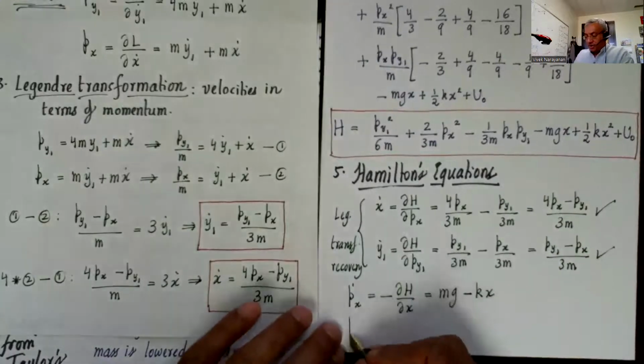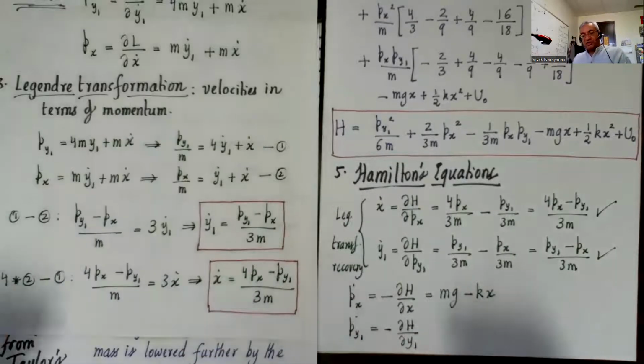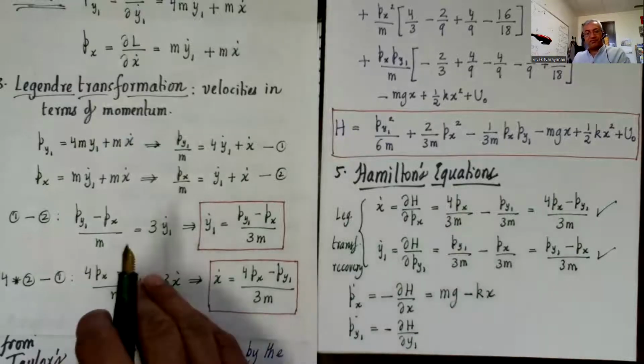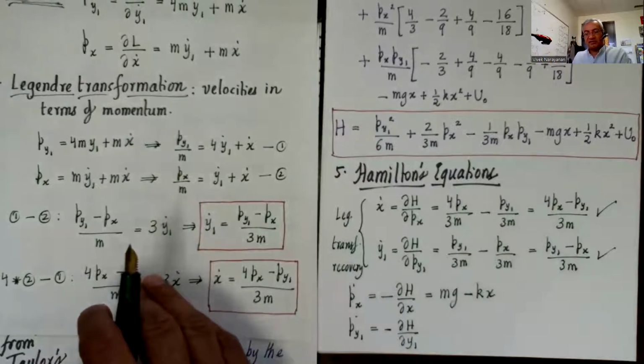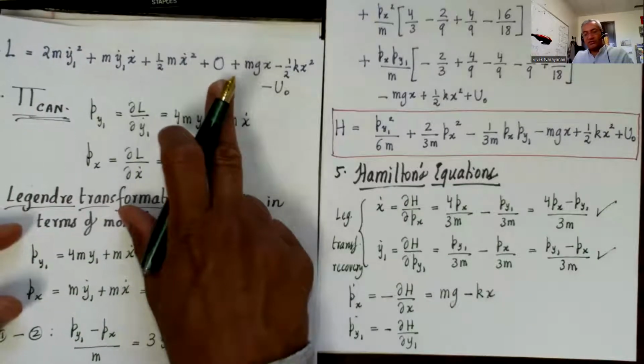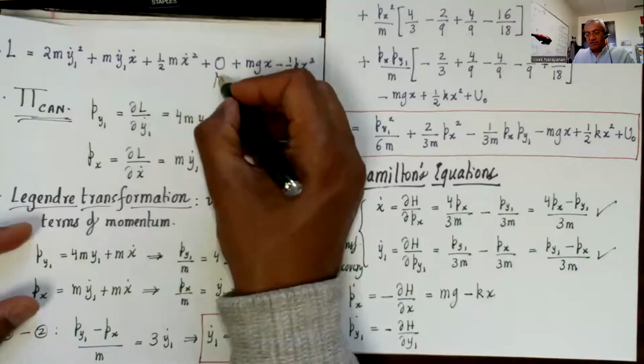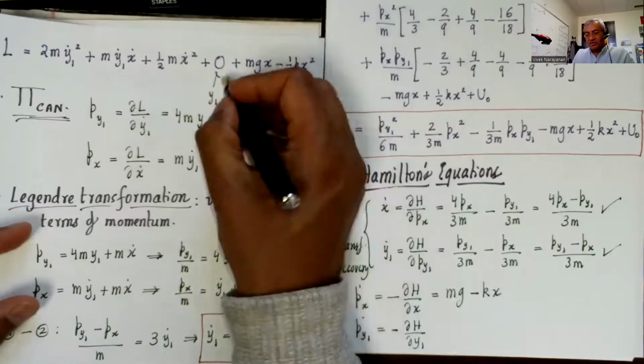Now Py1 dot is negative del H over del Y1. We initially said the Lagrangian does not depend on Y1. That's one of the great things about the Lagrangian. The numbers we chose for the masses ensured that the Lagrangian, this is the Y1 dot term.